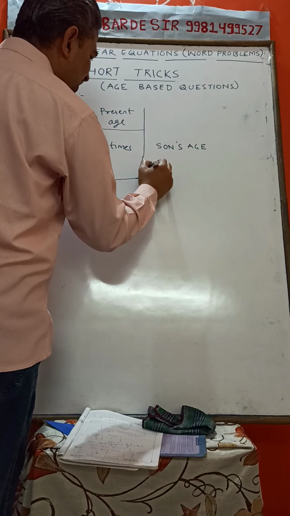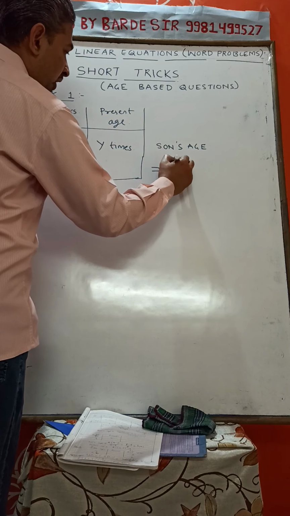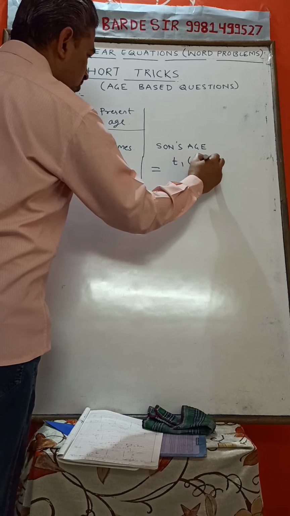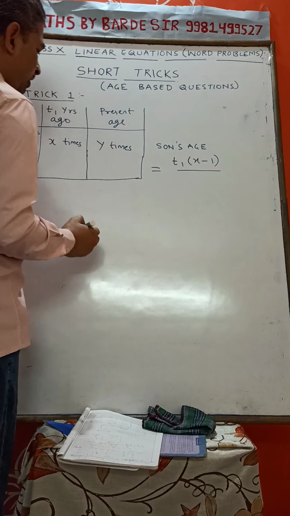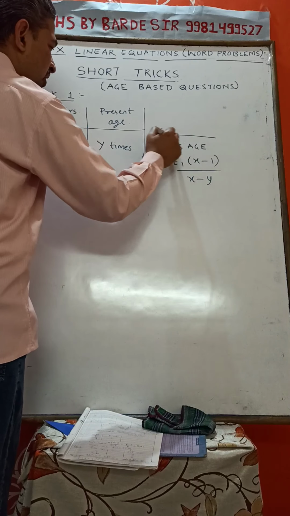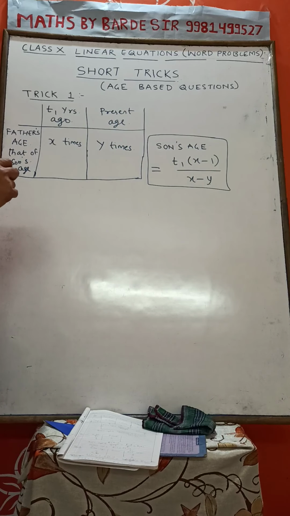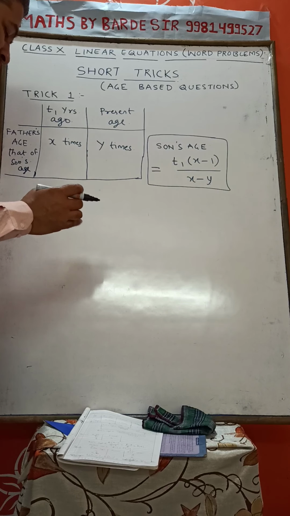To find son's age, we'll use the formula T1 into x minus 1 upon x minus y. Son's age will be calculated by using this formula: T1 into x minus 1 upon x minus y.